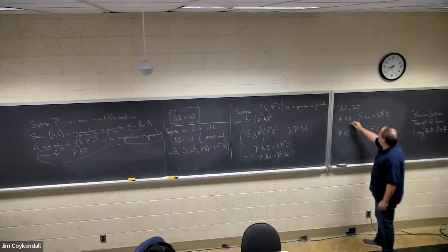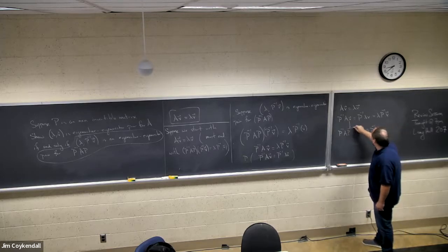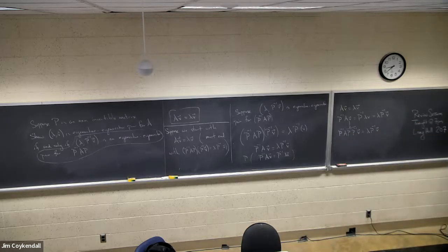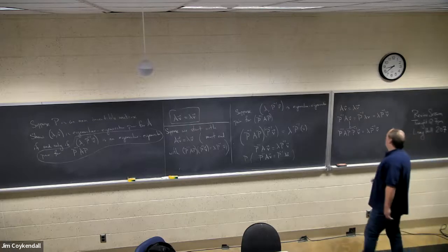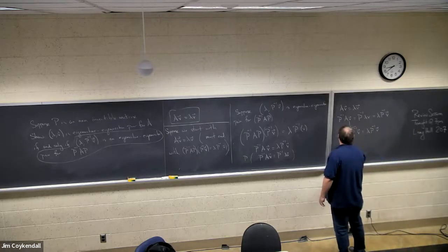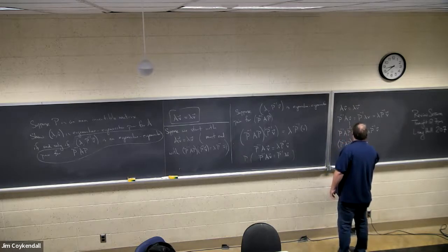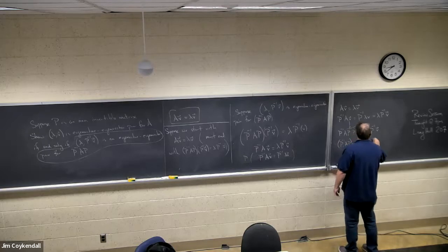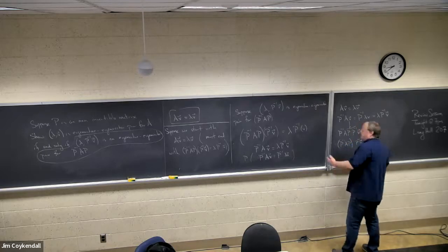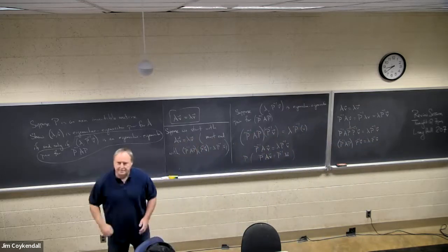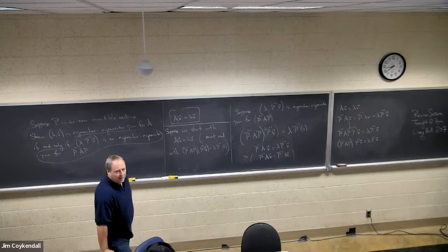All I did to go from here to here is slide that PP inverse in there, right? No problem there, because that's the identity. And this gives me exactly what I want, because now I have P inverse AP. That's my matrix. Here's my vector. P inverse B is equal to lambda. And there. Any questions?